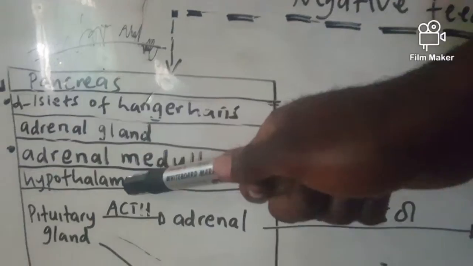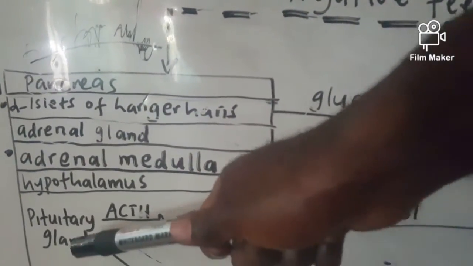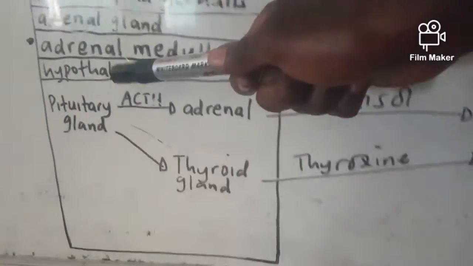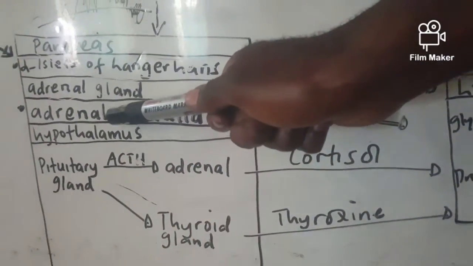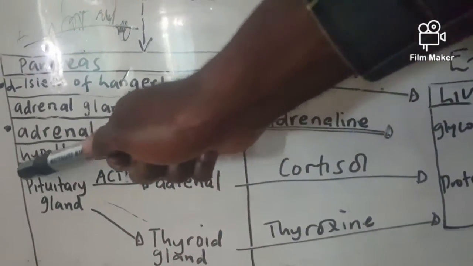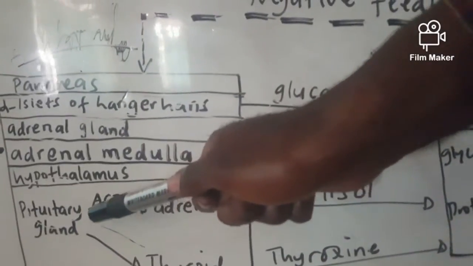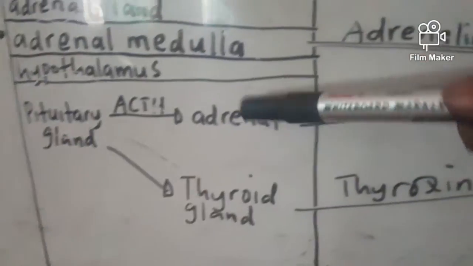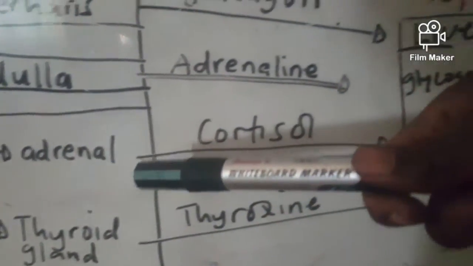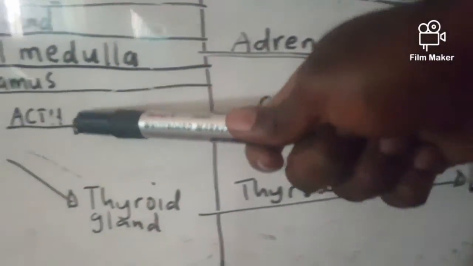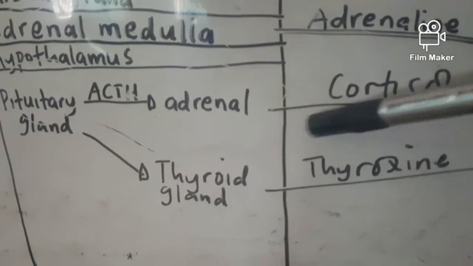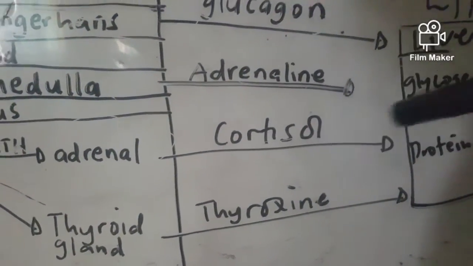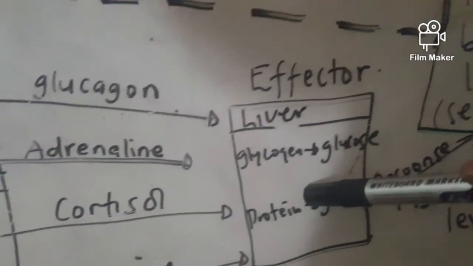What will happen is that there will be stimulation. If you remember, adrenocorticotropic releasing factor is released from the hypothalamus, going to the pituitary gland, resulting in adrenocorticotropic hormone, which stimulates the adrenal gland to release hydrocortisone or cortisol, still into the effectors.